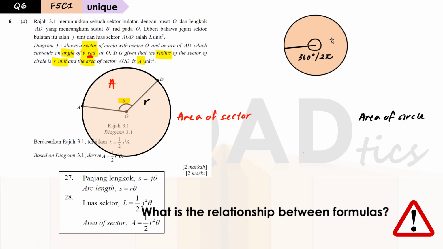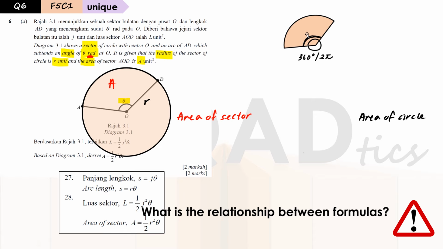So if we want to change this circle into a sector, we need to reduce the angle, right? So when we reduce it, and let's say now the angle is just this part here, the shape has become a sector, right?